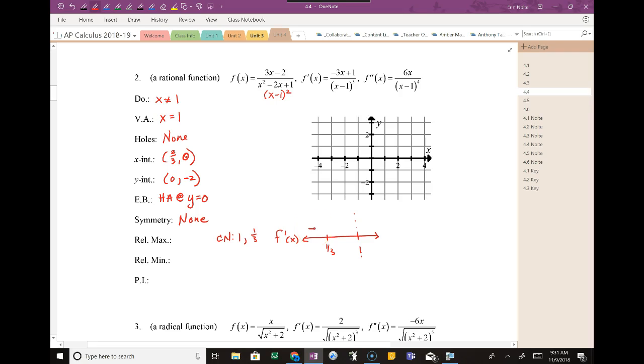If I plug a value between 1/3 and 1, such as 1/2, negative 1.5 plus 1 is a negative on the top, a negative on the bottom, so we get a plus. Okay, and if I plug 2 in, we're going to get a negative on the top, positive on the bottom, so we get a negative. So this function goes down, up, down.